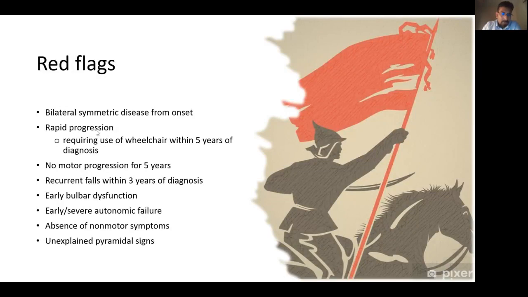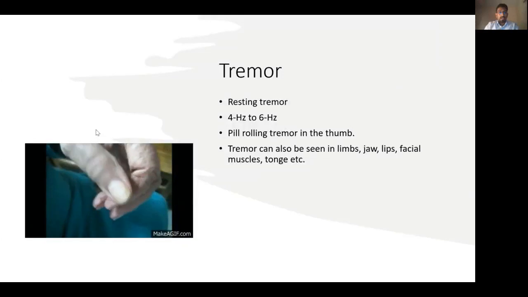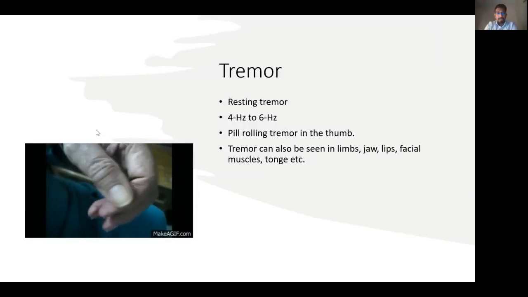Absence of non-motor symptoms: as I was saying, non-motor symptoms are getting more and more attention. Absence of non-motor symptoms gives us an idea that it could be something else, like essential tremor. Unexplained pyramidal sign: you will see this in secondary causes of Parkinsonism and multi-system atrophy, these kinds of things.